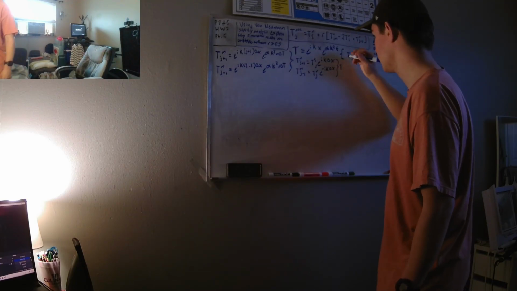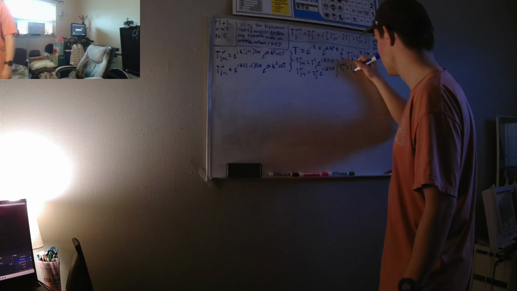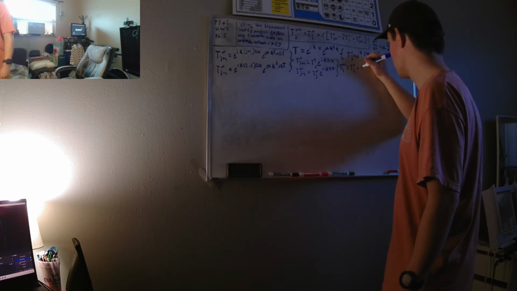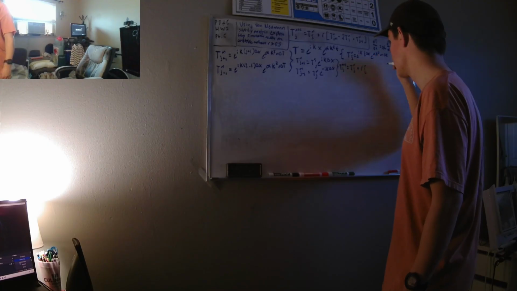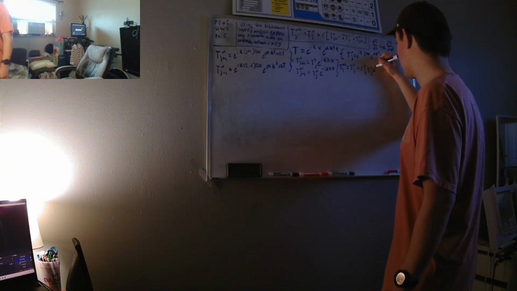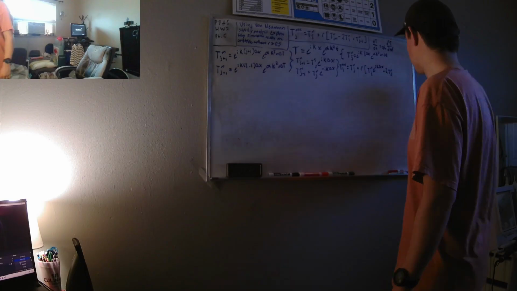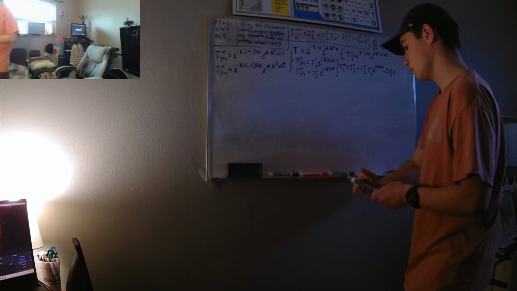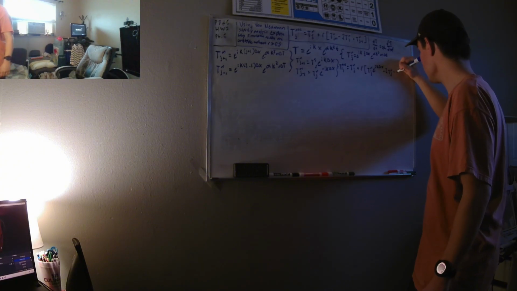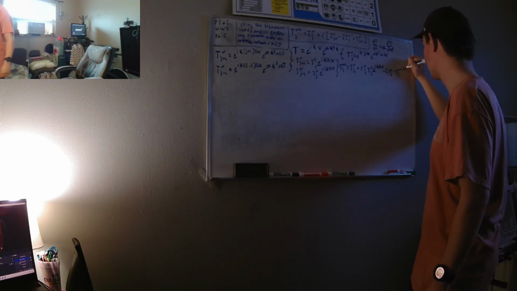We get our T j n plus 1 is equal to T j n plus our r times T j n e to the I k delta x minus 2 T j n plus T j n e to the minus I k delta x.